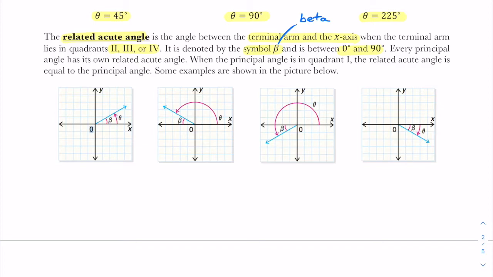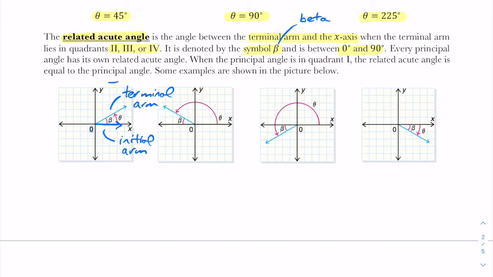So in each of the images below, the blue arrows are going to represent terminal arms. I'll just label the first one. And our initial arm is on the positive x-axis. So notice in the first diagram, the terminal arm is in quadrant 1. I'll also label the quadrants.